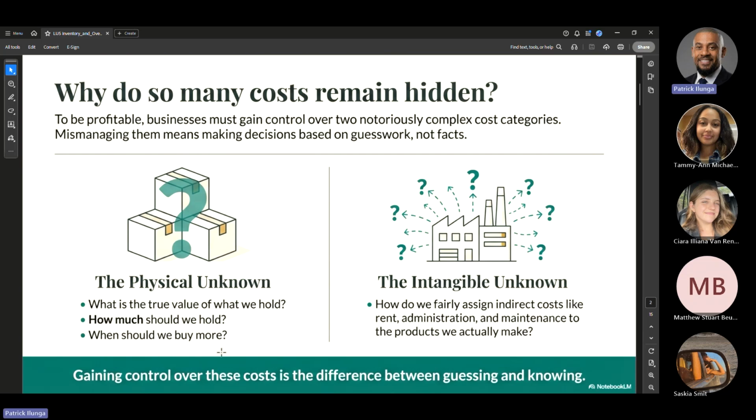And there is also that part where I say there are things that are very hidden, right? But how do we fairly assign indirect costs? So when I'm talking about hidden cost, I'm just talking about indirect cost.